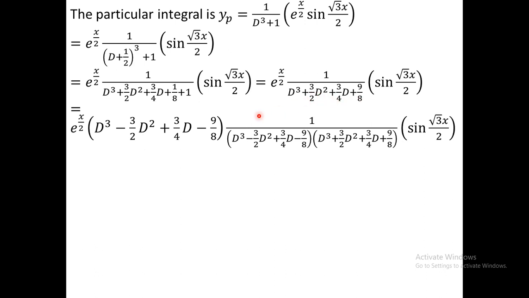Here the coefficient of D square is 3 by 2, so I consider the coefficient of D square as minus 3 by 2. The constant term is 9 by 8, so I consider the constant term as minus 9 by 8.